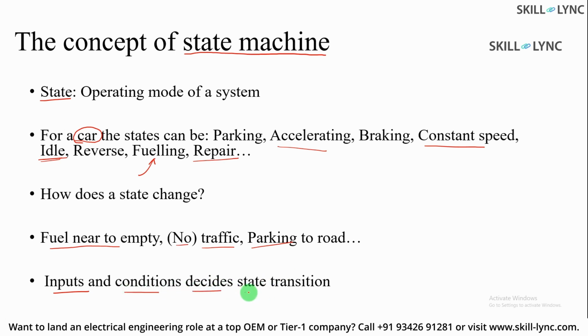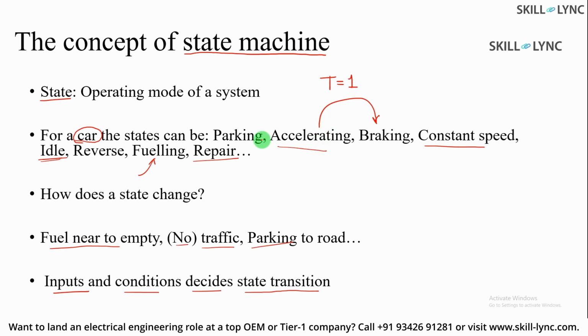So the state transition is very, very important, where we move from, let's say, accelerating to braking, where the condition may be traffic equal to 1. So you have detected that traffic has arisen, or the situation is such that there is traffic on the road, and instead of applying the accelerator, you will release it and apply the brake.